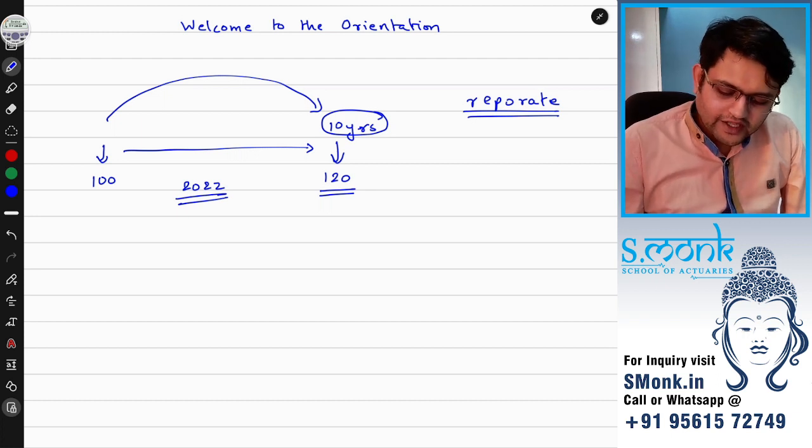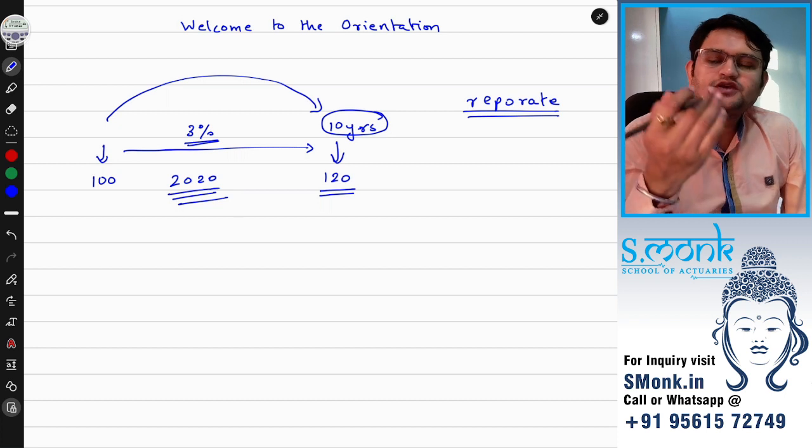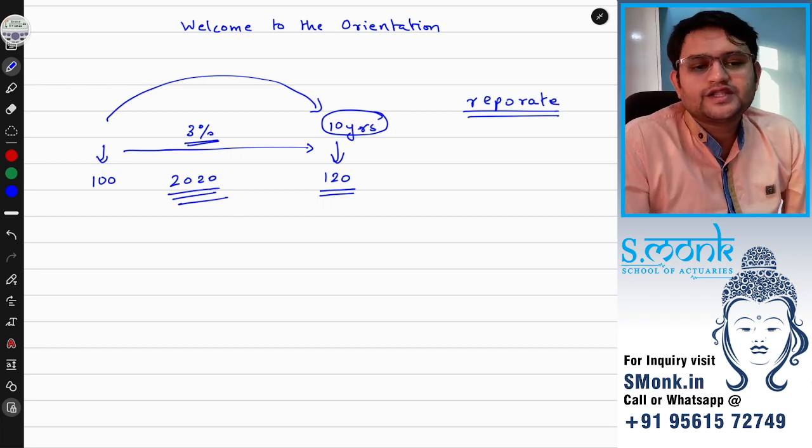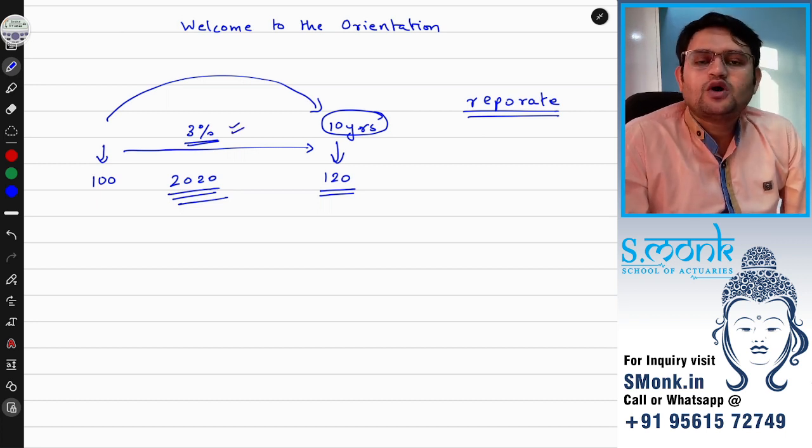So from what I remember, in 2020 the repo rate was down to about 3% in the US. If the minimum rate of interest that the government is offering is low, like 3% here, then the banks would offer loans at a lower rate of interest.